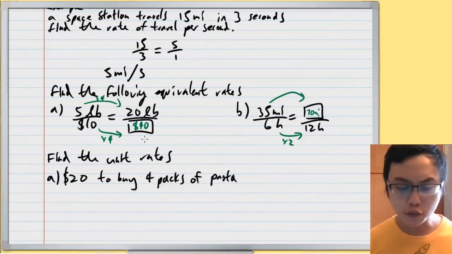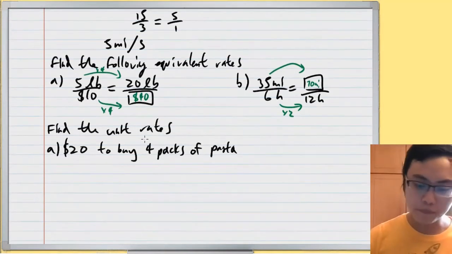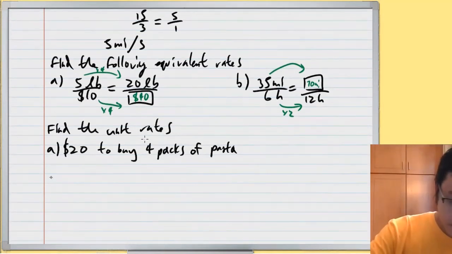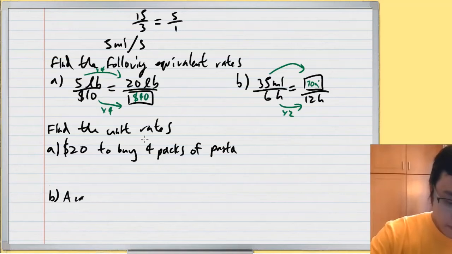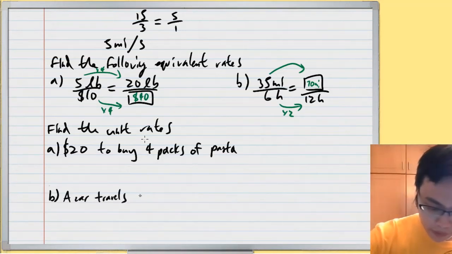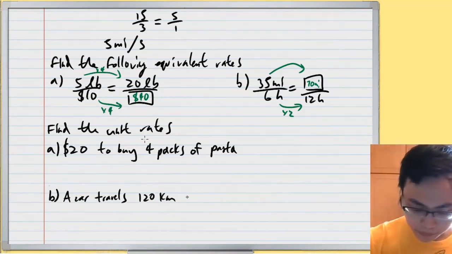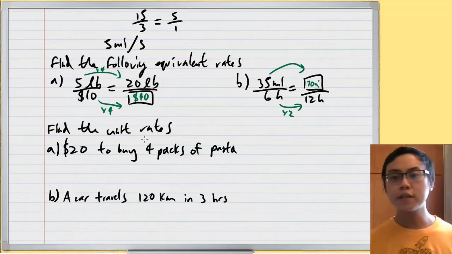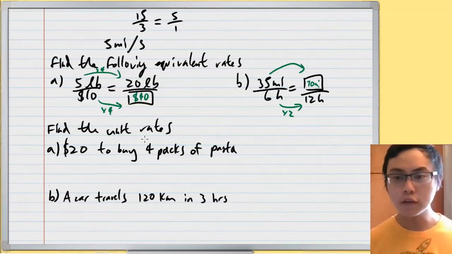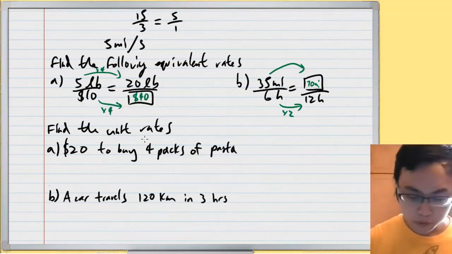And so you want to find the unit rate for the pasta, for 1 pack of pasta. And then for B, let's say a car travels 120 kilometers in 3 hours. And so we want to find the rate of travel, kilometers per hour.